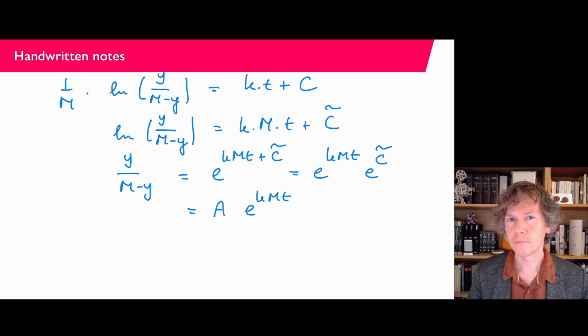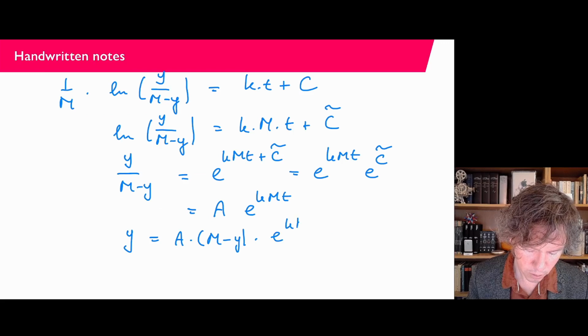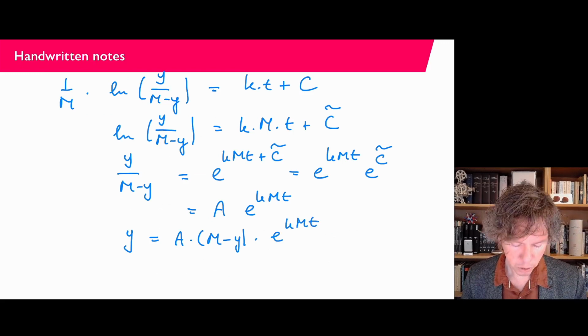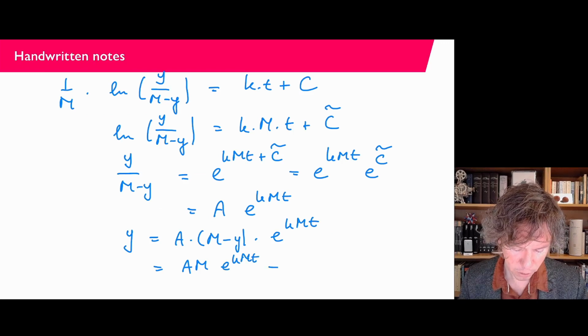So not quite done yet, because I would like to find y, and I have now an expression for y over m minus y, but it's not so difficult to solve from this, because what we have is that y is apparently a times m minus y times this exponential. So I have a m e^(k m t) minus a y e^(k m t).